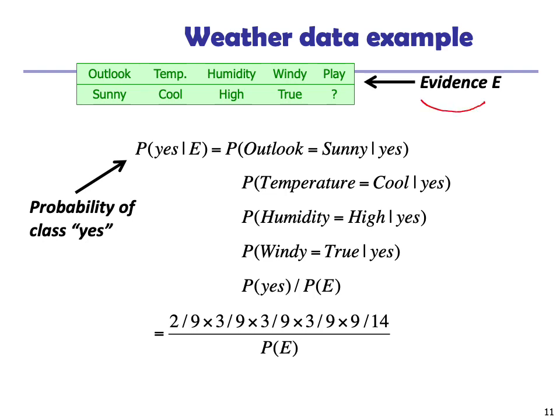So given an evidence, we calculated the probability of both classes, yes and no, and then we chose the one that has the highest probability.